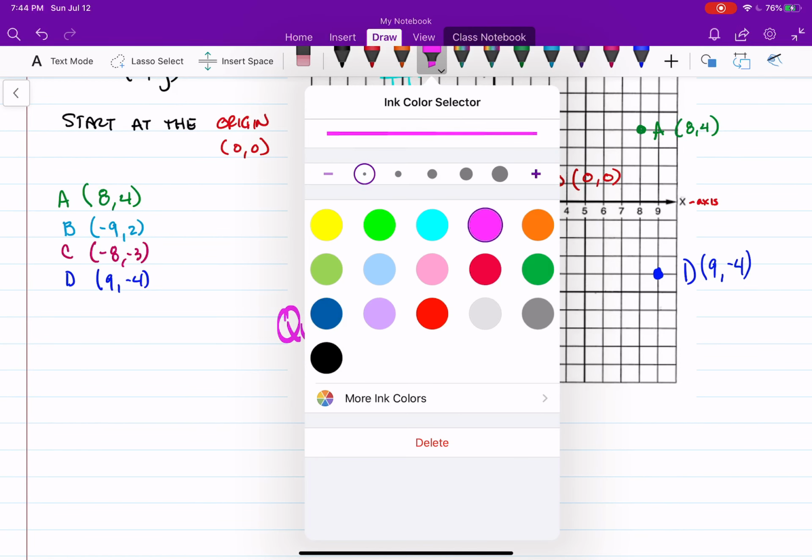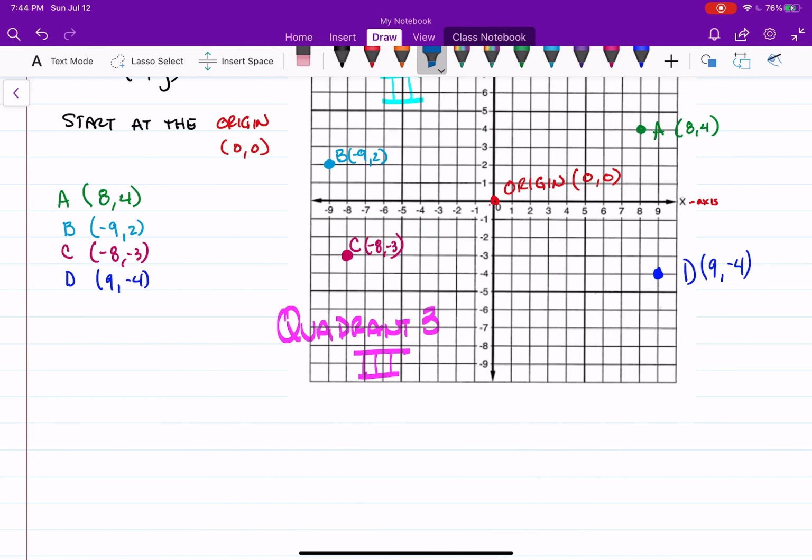And then over here on the right, we have quadrant 4, or Roman numeral 4. There we go.